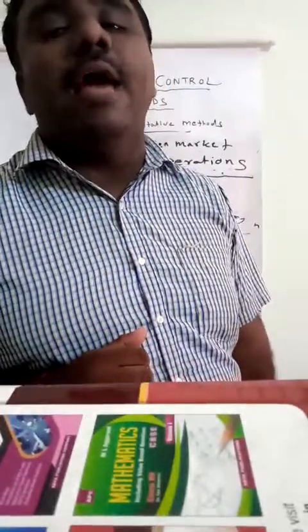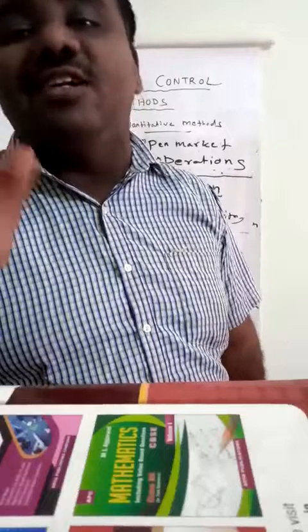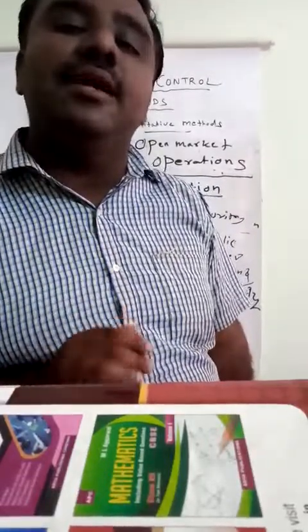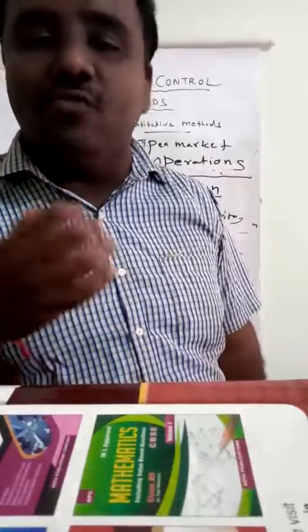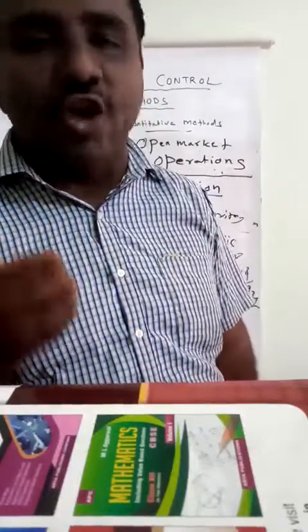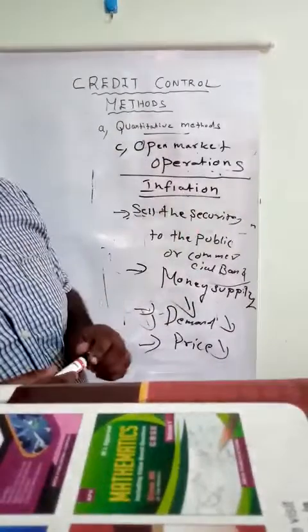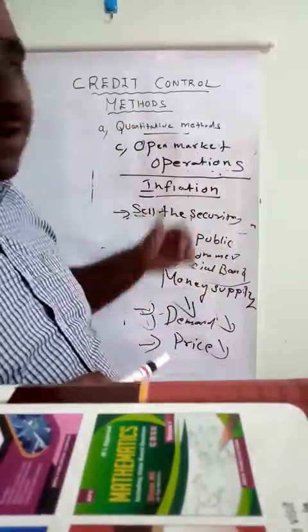When the money supply falls, it will affect the demand. The demand will be lesser. When the demand is lesser, the price level will come down, and naturally we will come out of the situation of inflation. So this is what happens at the time of inflation. Now let us study what will happen at the time of deflation.